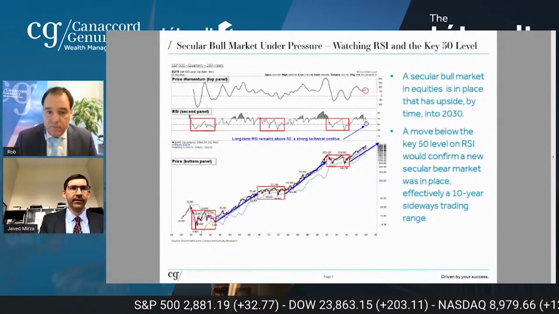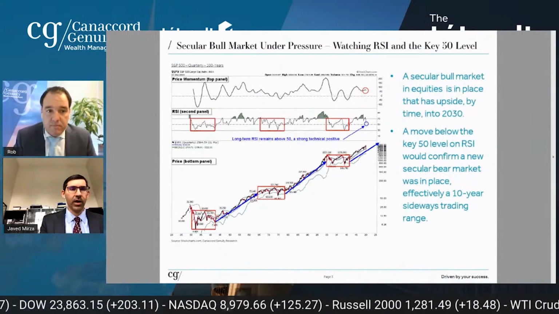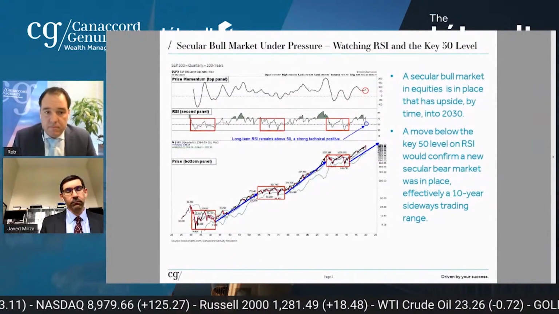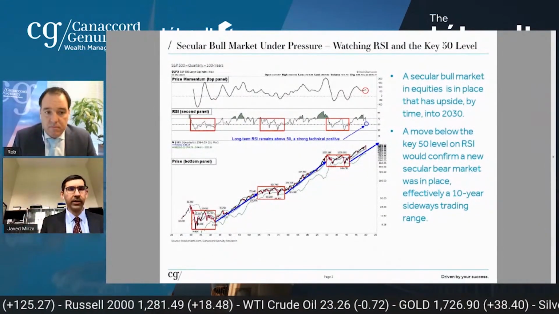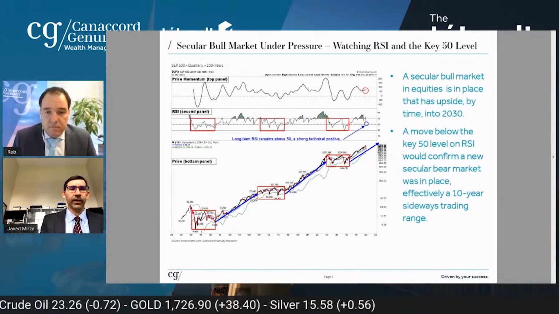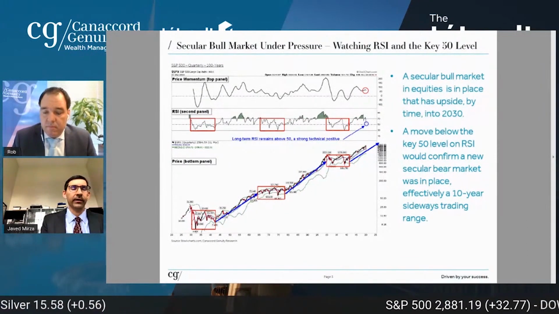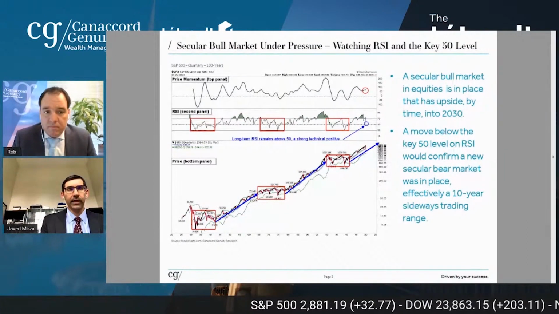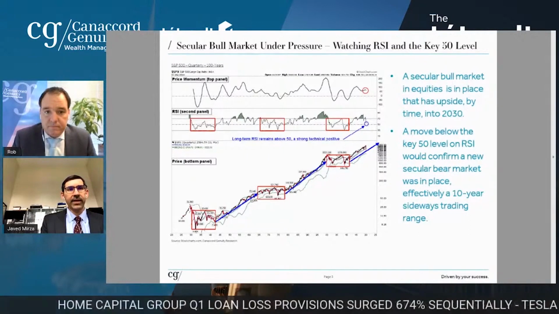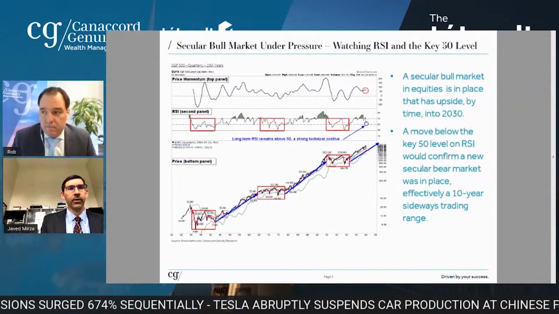The key takeaway here is that RSI on the S&P 500, which we use as the broad barometer for, quote unquote, the market, remains above that 50 level. So in our view, we are still in a secular bull market. Our work suggests that what's happened here has been similar to the 1987 stock market crash.